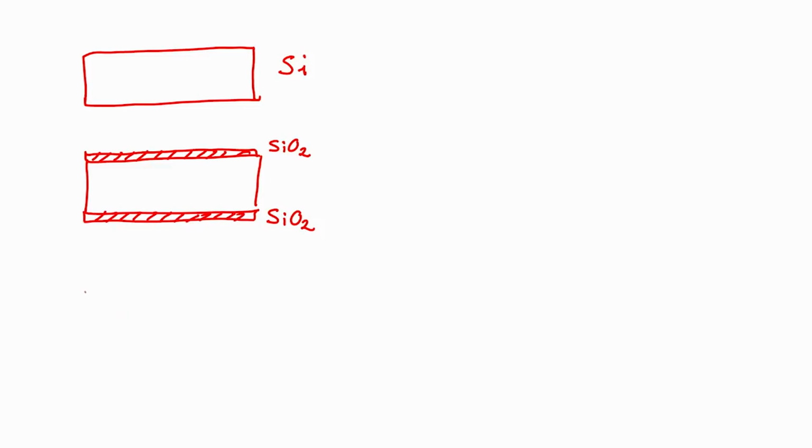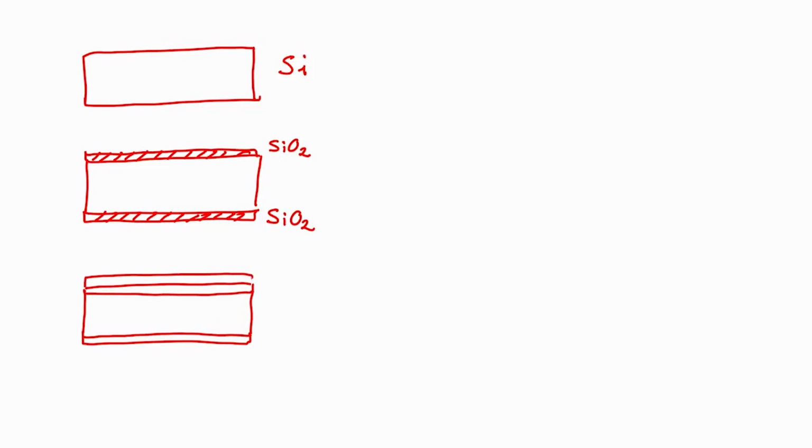Then on this thin layer of silicon dioxide we deposited a metal, a thin layer of chrome, over which gold, over the SiO2.